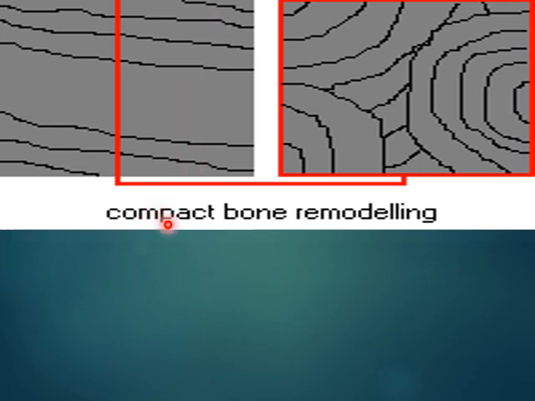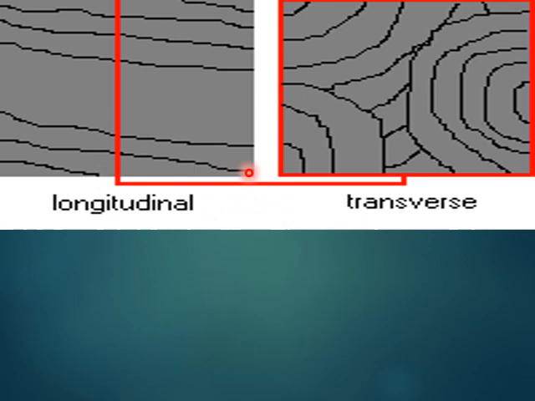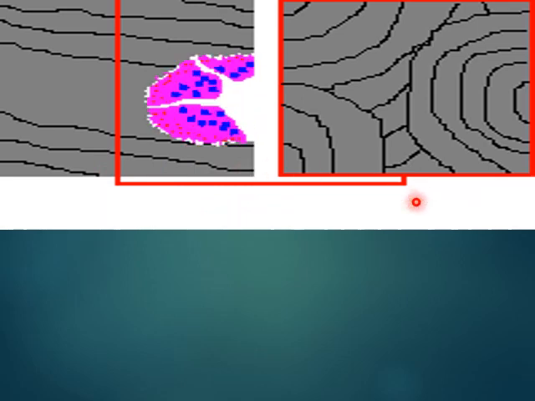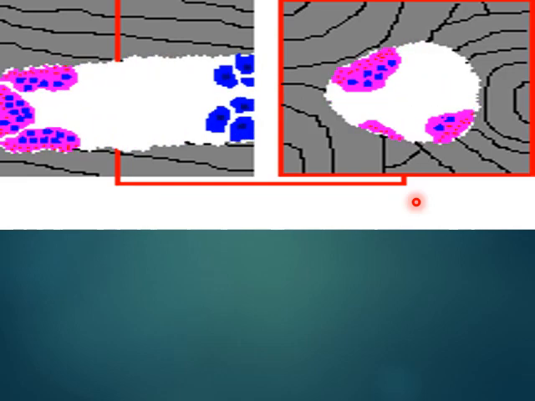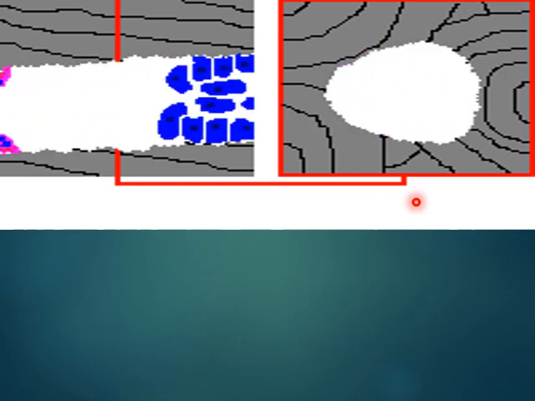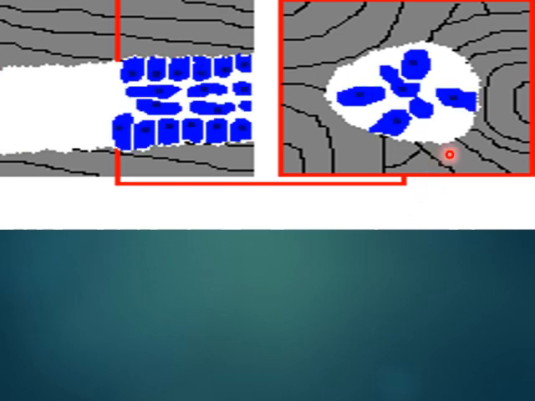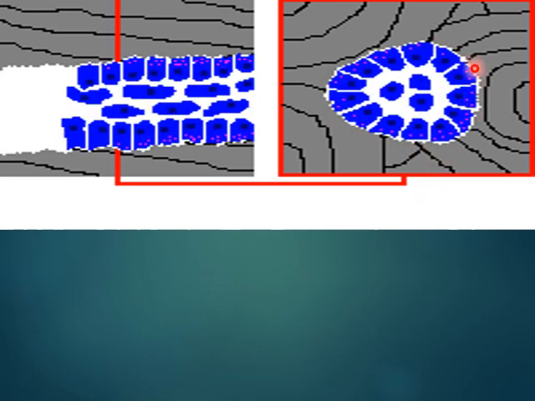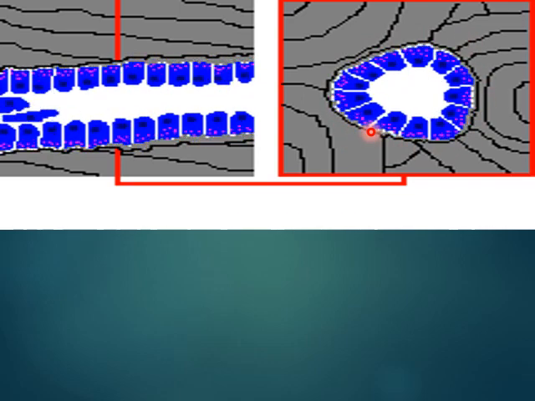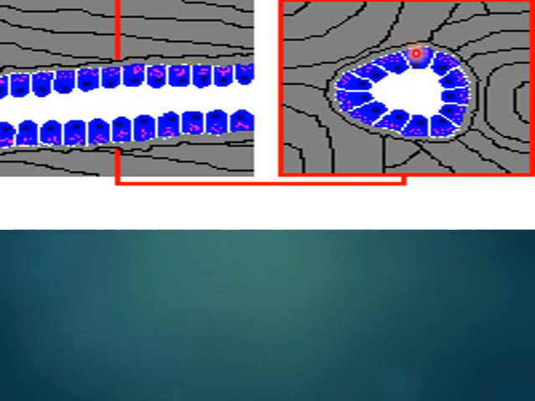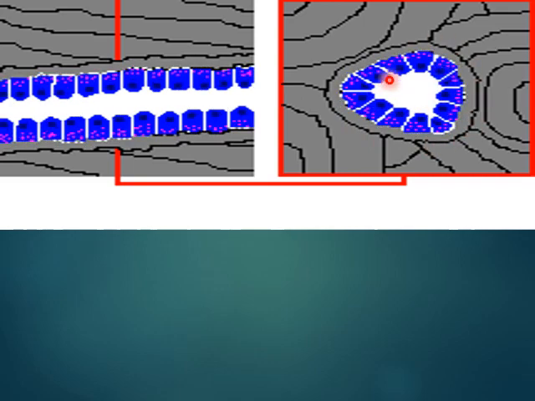How am I going to make remodeling? This is a longitudinal section and this is a transverse section. First, I'm having the osteoclast, then the osteoblasts will be arranged like this and start to form bone in concentric bone lamellae.